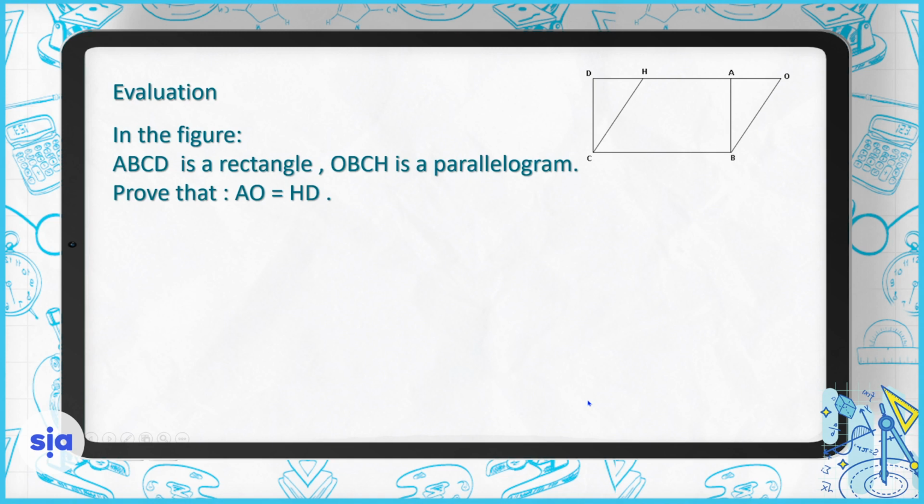From 1 and 2, we can get that DA is equal to HO. By subtracting HA from both sides, then AO is equal to DH. Then AO is equal to HD.